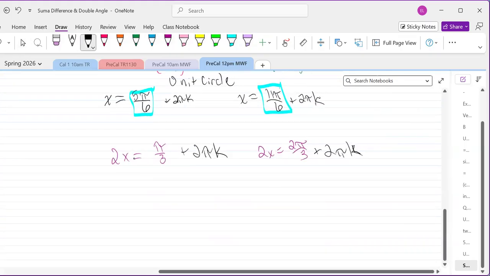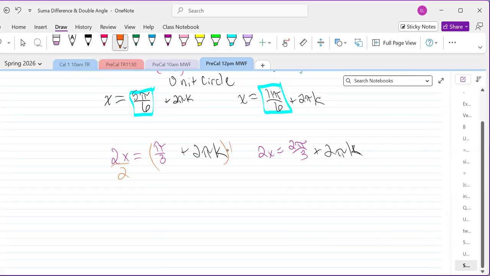And then to get x by itself, you divide everything by 2 or multiply everything by a half. So we end up with x equals pi over 6 plus pi k, and x equals 2 pi over 6, which is pi over 3, plus pi k. Okay, and that's if the parentheses is like 2x or 2 theta or something. Yep. Okay, now I get it.